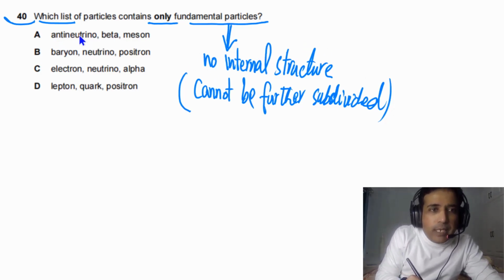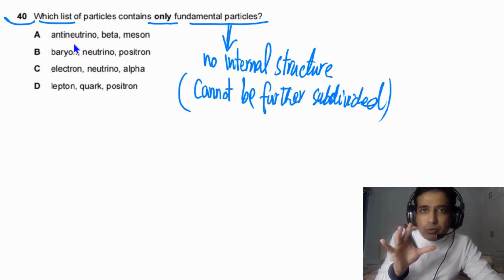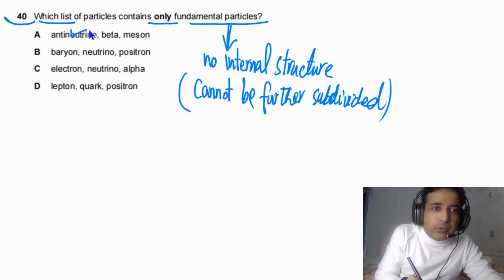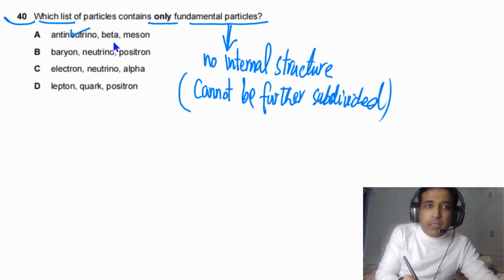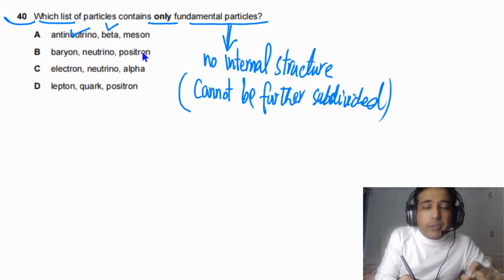Now if you look at neutrinos and antineutrinos, they are fundamental particles. Beta particle, yes, also a fundamental particle. But mesons are not fundamental particles, because mesons consist of a quark and an antiquark, let's say up and anti-up quark. So it consists of 2 quarks, so this is not fundamental.